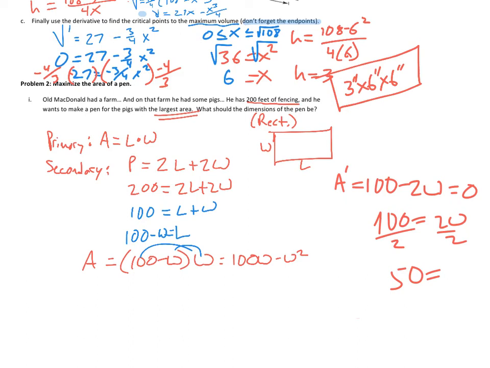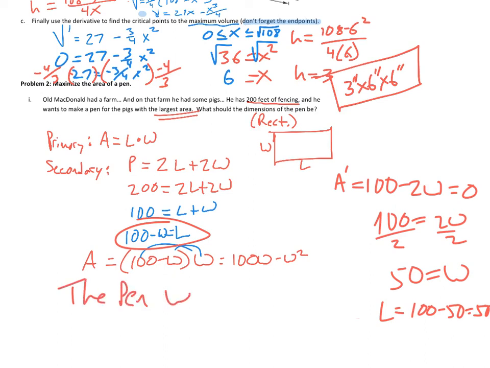All right? There's our width, and so our length, we found out right here, the length is going to be 100 minus W. So the length is 100 minus 50, which is 50. Okay, so the pen with the largest area is going to be a 50 by 50.